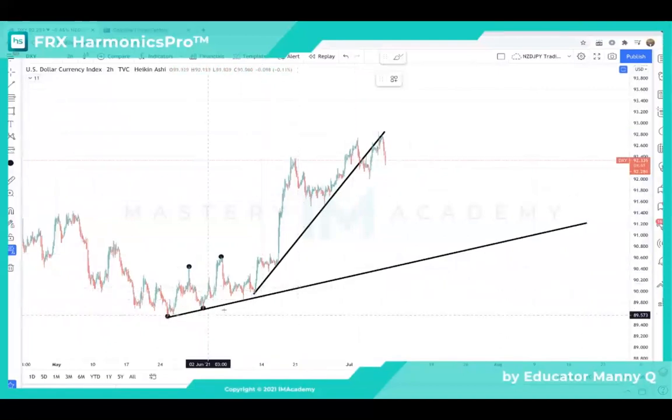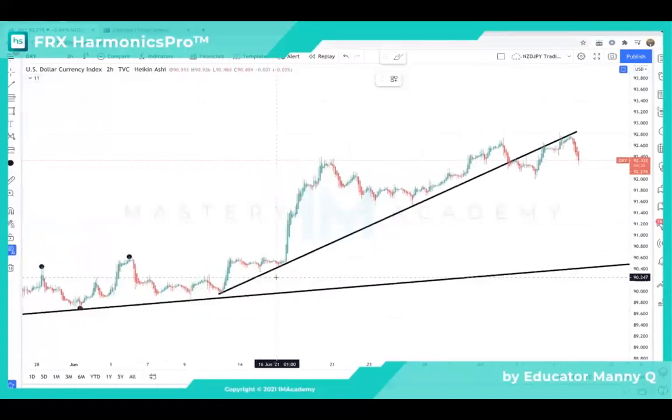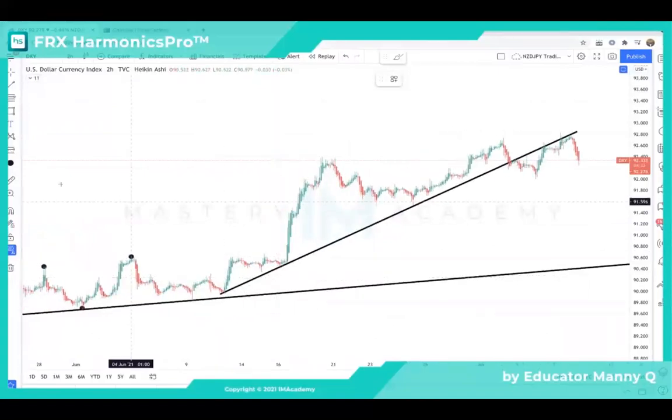So the trader is looking at this as being the overall trend in the market. But here we had a very, very sharp point. We had a very, very sharp move in price. And it gave us the ability to connect two additional low points.